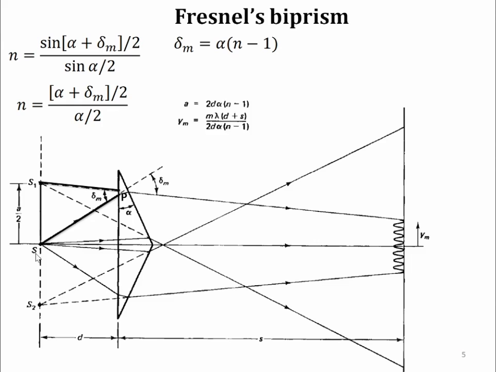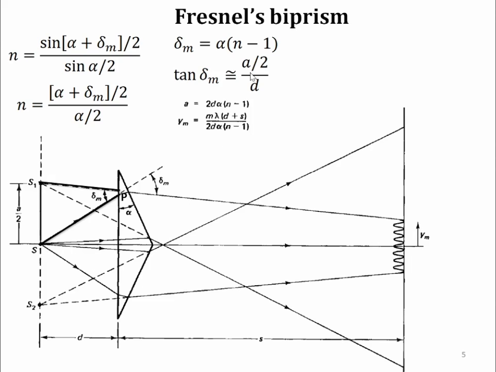Now in this right-angled triangle SS1P, we can write an expression for tangent of delta m. Tangent of delta m is nothing but perpendicular upon base, right? The perpendicular is nothing but a by 2, and the base is this d, the separation of the biprism from the source, or the perpendicular distance of the source from the biprism.